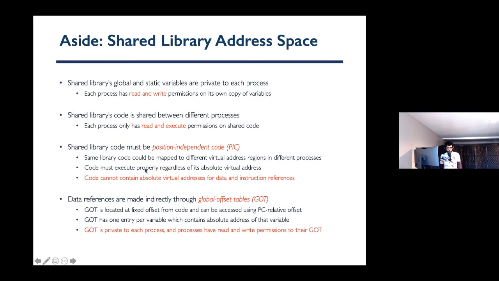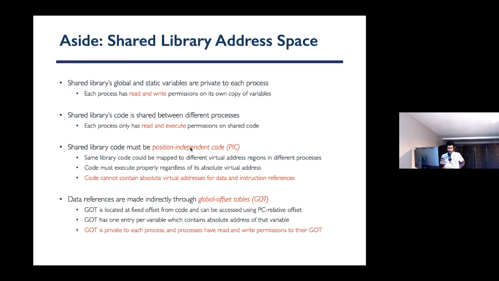So the way you make your code position independent. As you remember, there might be two types of accesses to memory. One is instruction access, similar to that jump example I just gave you, jumping to an address.